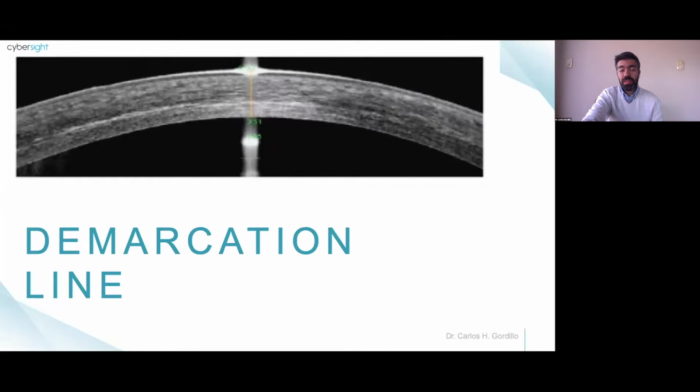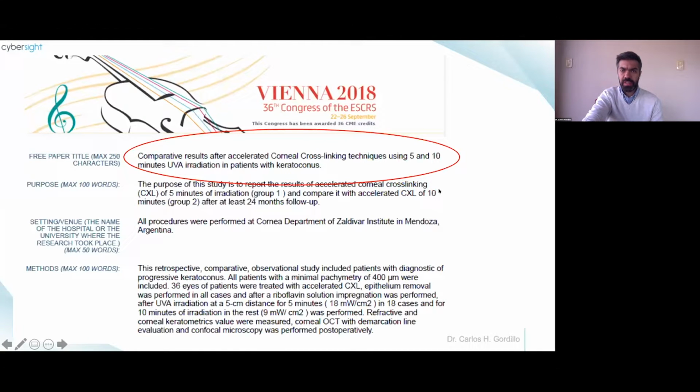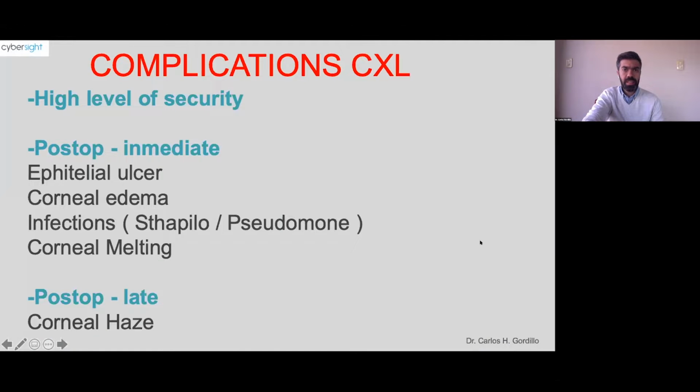But be careful, because if you perform 9 minutes, you're going to see the demarcation line. For example, if you have a patient that has been cross-linked by some other doctor, you can look in the anterior stroma, and this line should be there. But if you do 5 minutes, maybe you don't find it. We described this difference between 5 and 10 minutes in some congresses in the past.